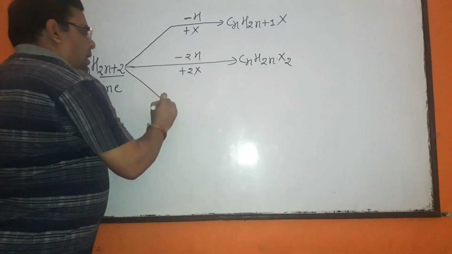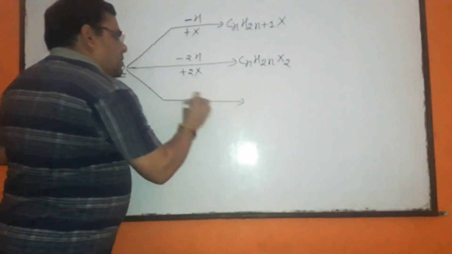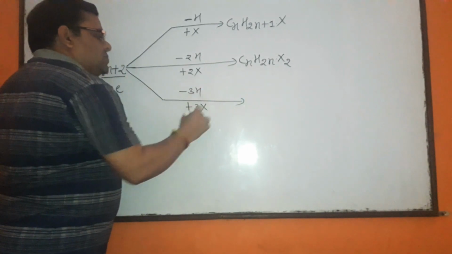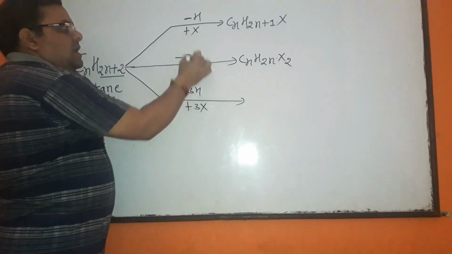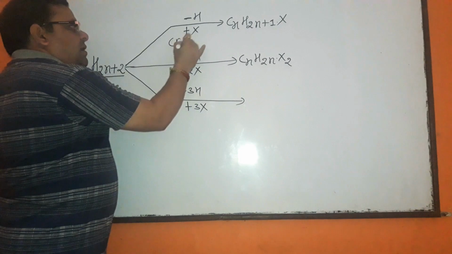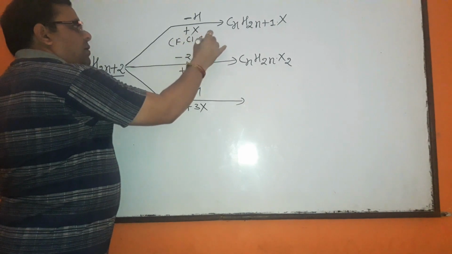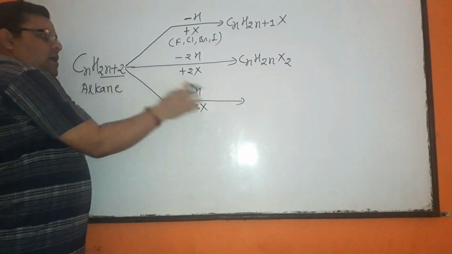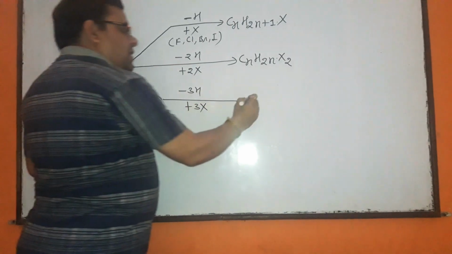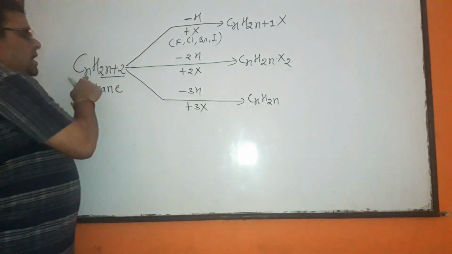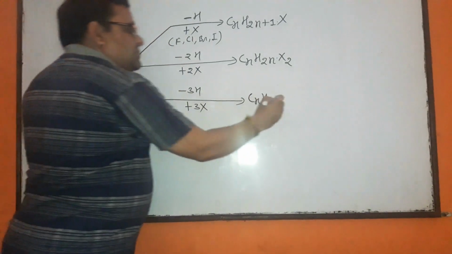Similarly, if three hydrogen elements of an alkane are substituted by three halogen elements, you know that halogen elements are generally represented by X. In place of X, we can write fluorine, chlorine, bromine or iodine. So if three hydrogen elements are replaced by three halogen elements, then it will give CnH2n-1X3.